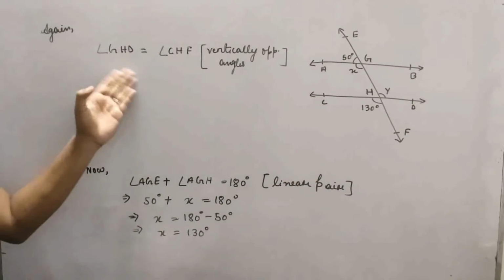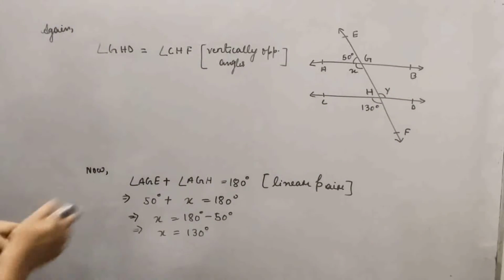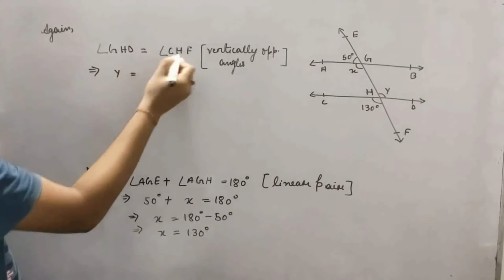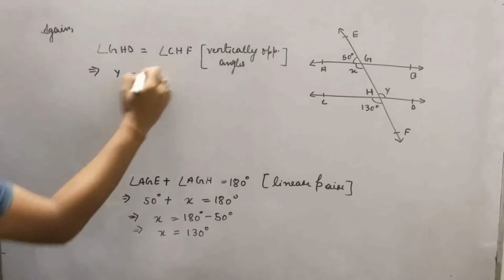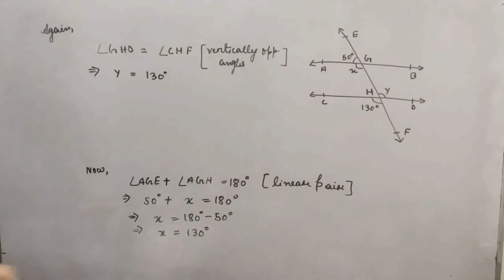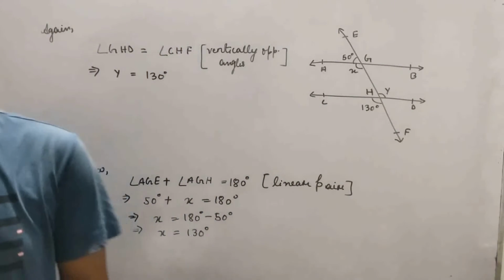What is the value of angle GHD? Angle GHD is Y. Which implies Y will be equal to the value of angle CHF, which is 130 degrees. So we have got X also and we have got Y also. The first part done. Find the value of X and Y.